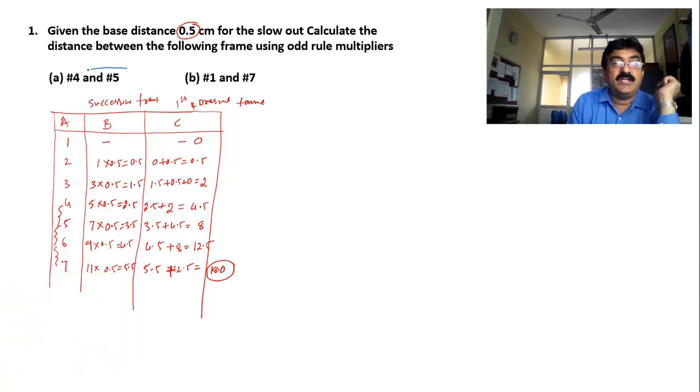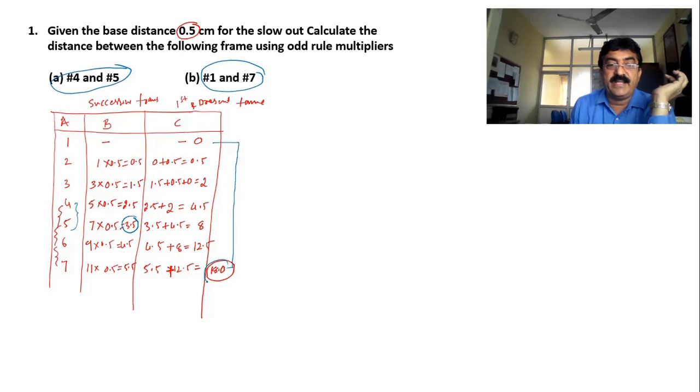I want the distance between 4th and 5th, so it is 3.5. Correct? Next, the distance from 1 to 7, that is from here to here, is 18. So this is the answer: the gap between 4th and 5th is 3.5, and between 1 and 7 is 18. This is one method, that is from the table.